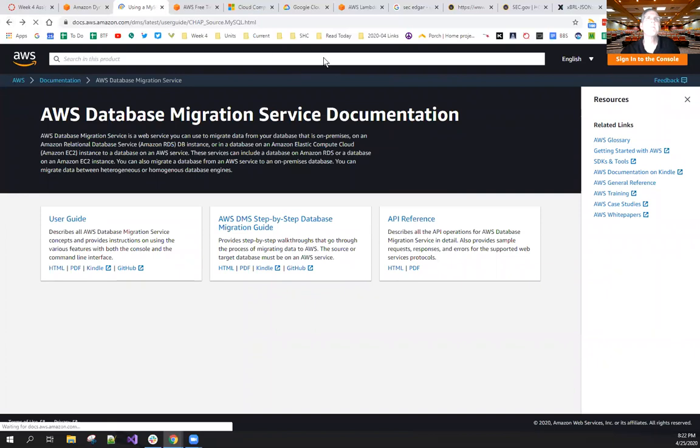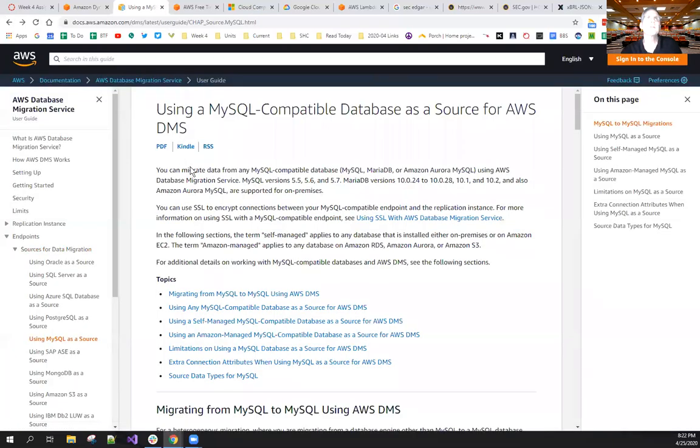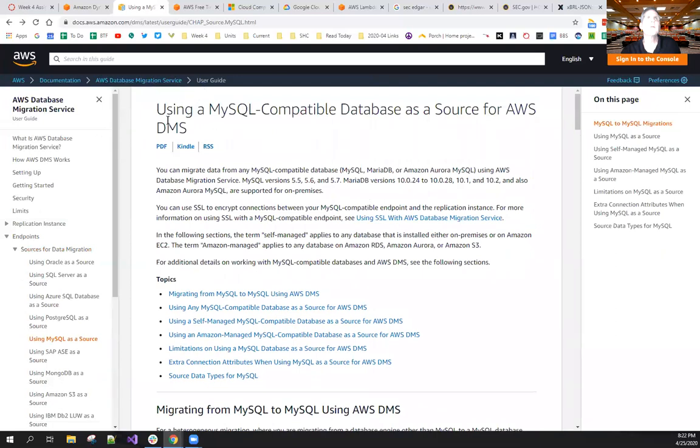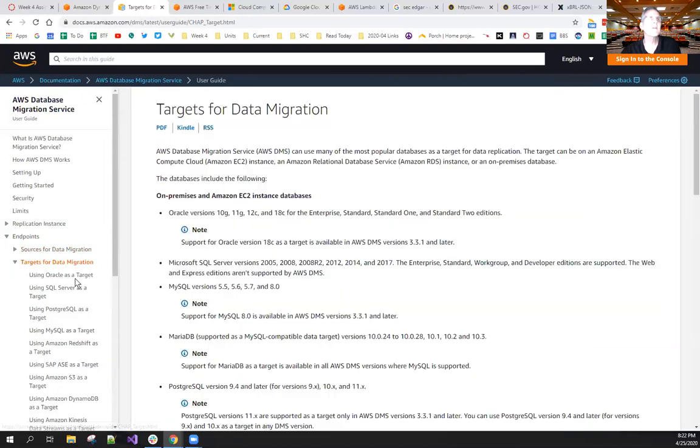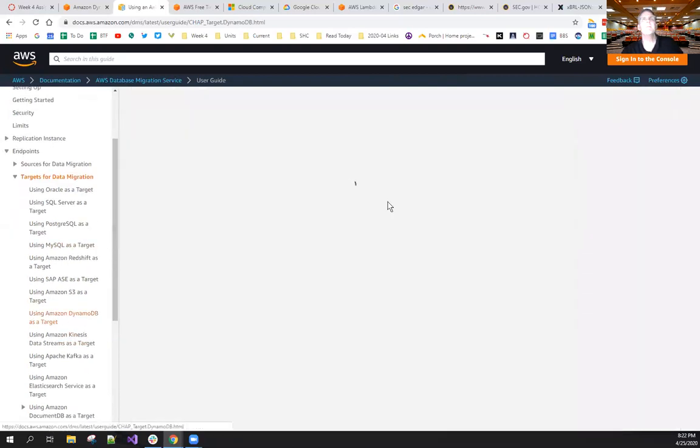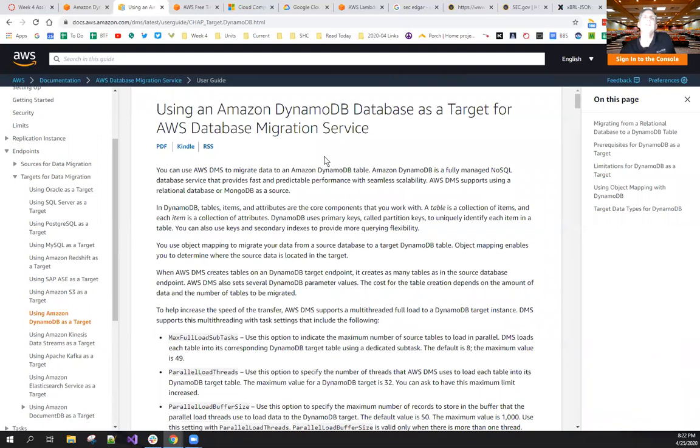So we got the source can be a MySQL database. Now, what about targets? Here we go, targets. Is there DynamoDB? Yeah, there we go. Ta-da! Okay, so this would be the DynamoDB. So if we were just converting MySQL to DynamoDB, this would be it.